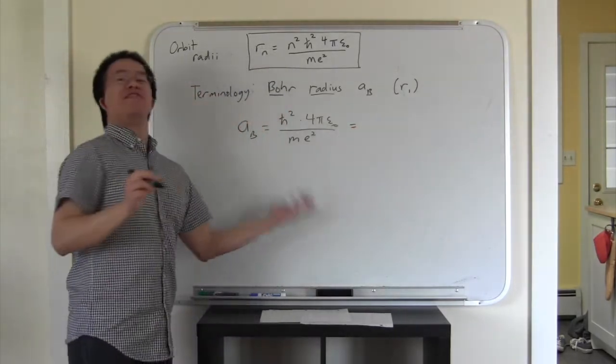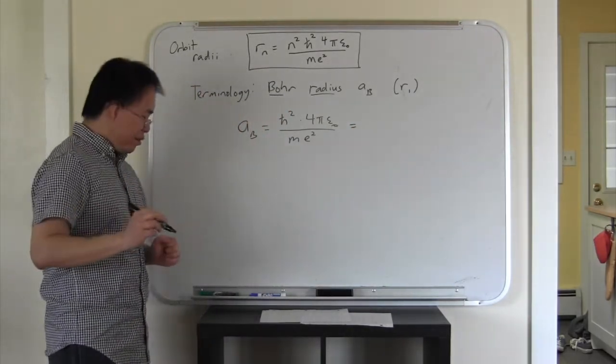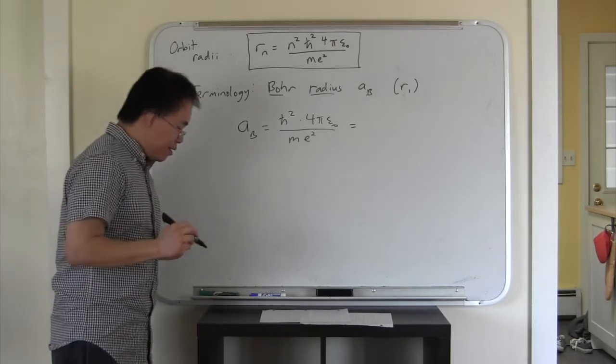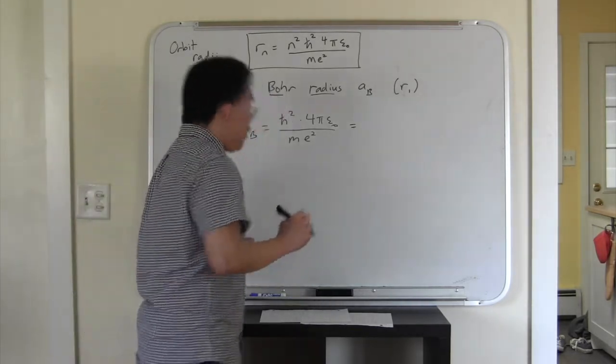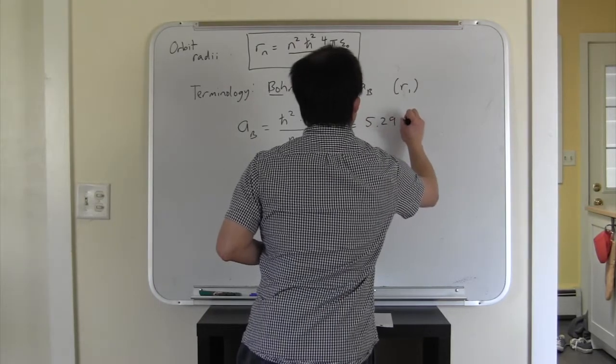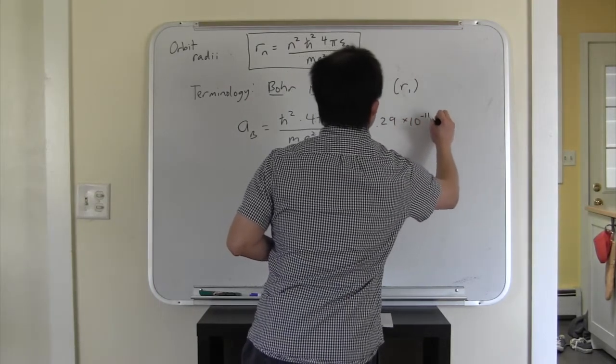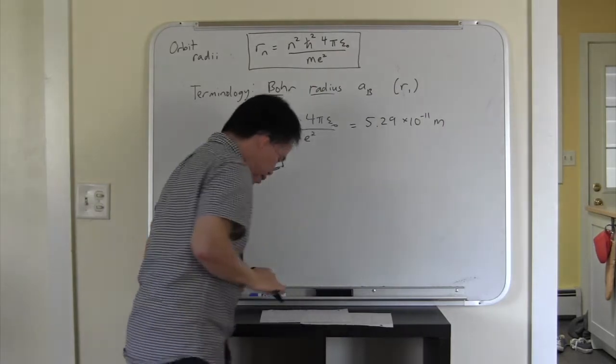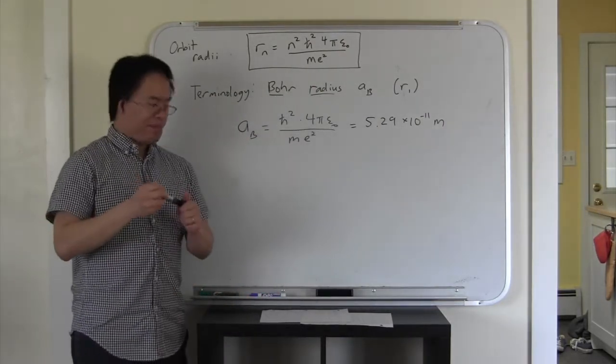You can go and convince yourself that this really does have units of length. It has a numerical value of about 5.29 times 10 to the minus 11 meters.